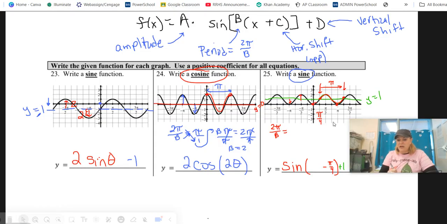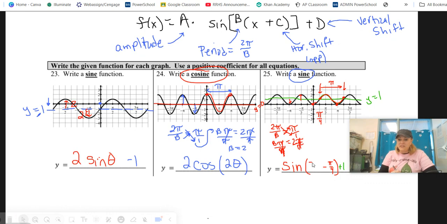So that is a distance of pi. So my period is pi, and so that means this equals pi, and then I need to cross multiply or solve for b. This might be the easiest way so you don't have to guess or check, like do I multiply, do I divide? Just set it up, cross multiply, and then you'll know, okay, I'm going to divide by pi on both sides. Oops, that's supposed to be a pi. And then your b term will be 2.